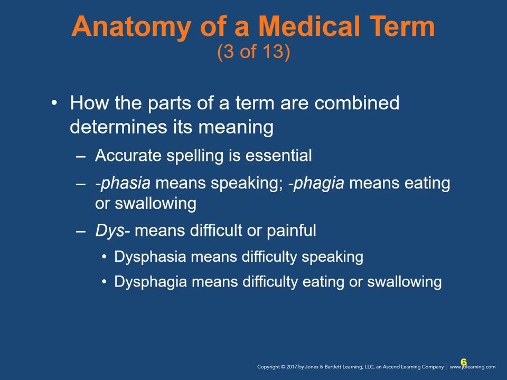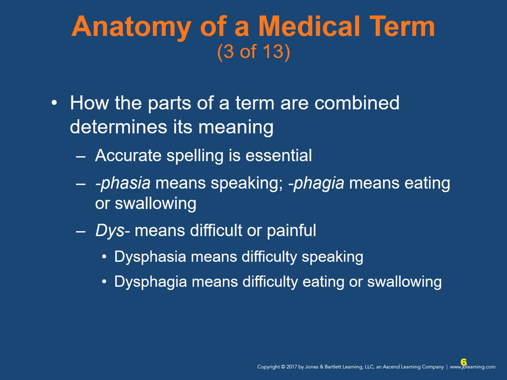Accurate spelling is essential in medical terminology. The suffix phasia means speaking, whereas phagia means eating or swallowing. The prefix dys means difficult or painful. Dysphasia means difficulty speaking, while dysphagia means difficulty eating or swallowing. Also, for example, the terms ilium and ileum are pronounced exactly the same, but refer to different anatomical parts.